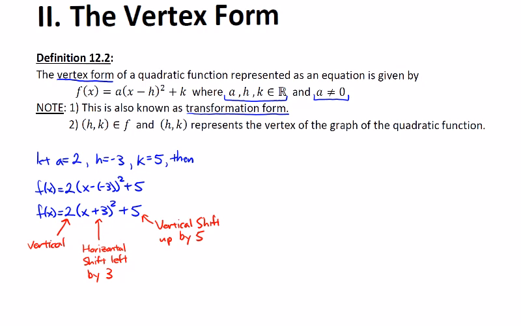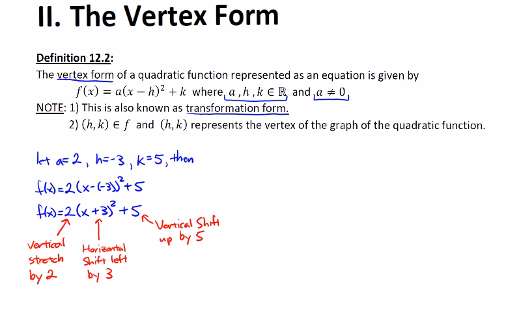And I can say specifically that it's a vertical stretch by 2 because the value of that multiplier is greater than 1. So it might be worth going back and looking at some of the rules for transformations, so that way you can determine what type of stretch or shrink you're going to have, as well as the rules for horizontal and vertical shifting.